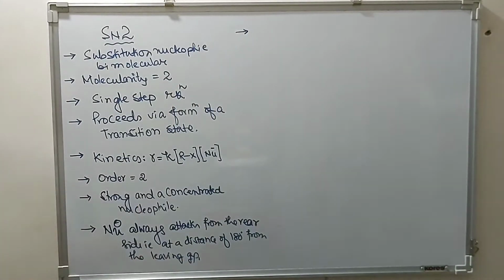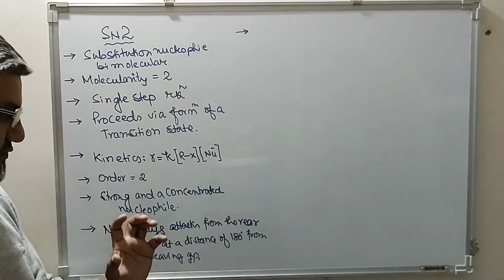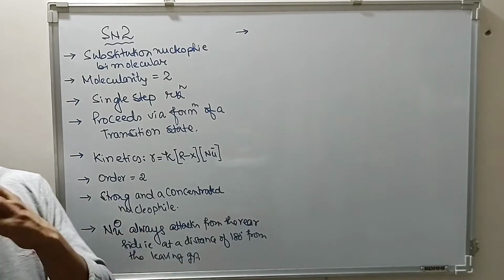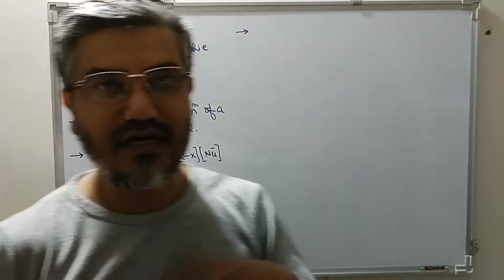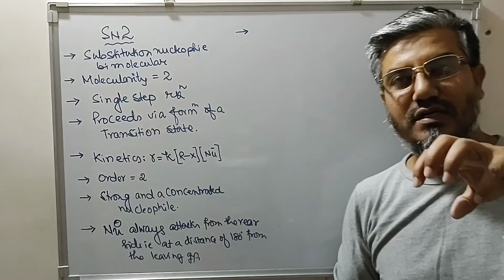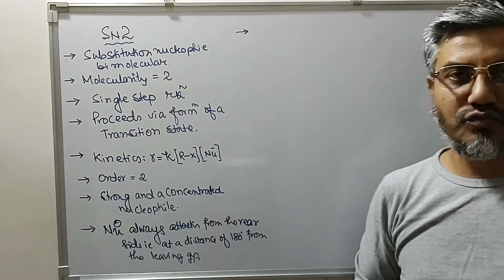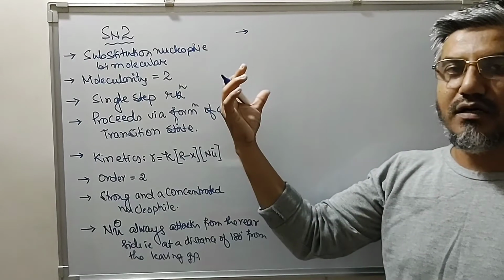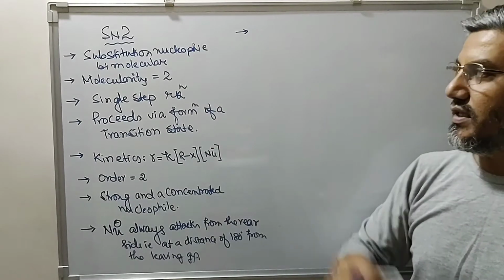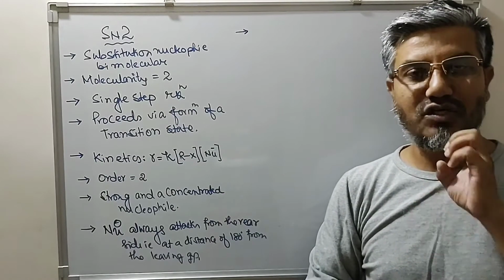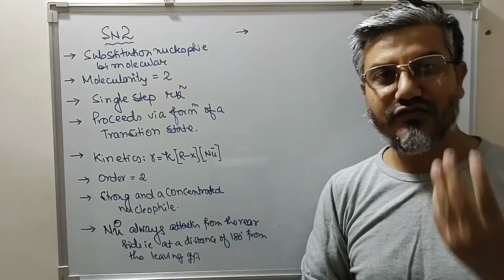Now look at this. Since the nucleophile always attacks from the rear side, at 180 degrees from the leaving group, if the starting compound is chiral, that means the carbon has 4 different groups, a chiral carbon, then the final product formed will have its configuration totally inverted.